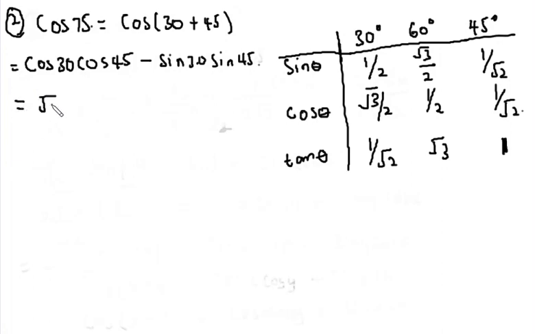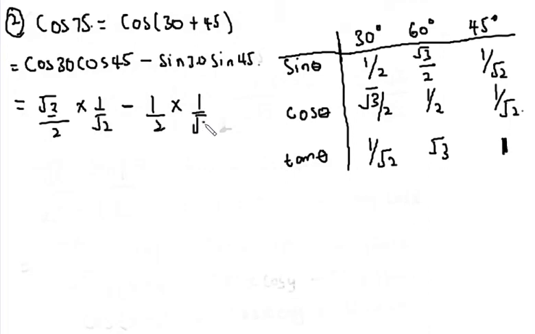Okay, so cos 30 from our table here is root 3 over 2, times cos 45, which is 1 over root 2. Then I have minus sine 30, which is 1 over 2, and then sine 45 is 1 over root 2.